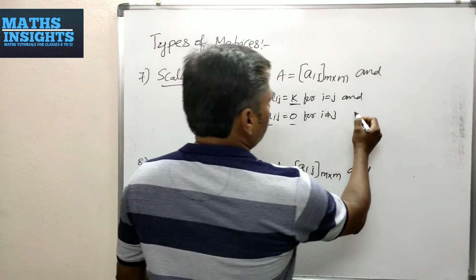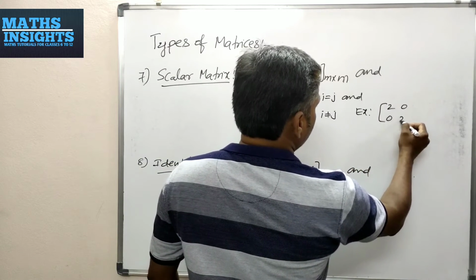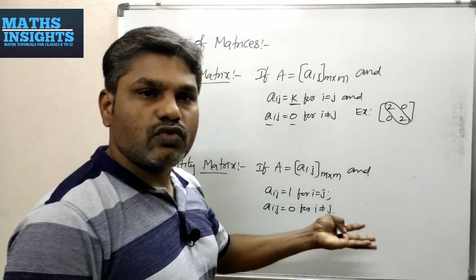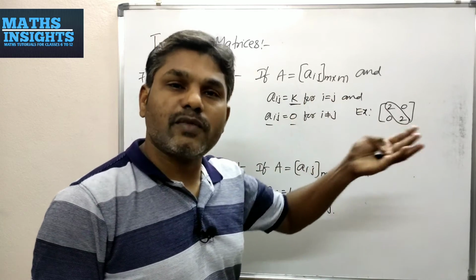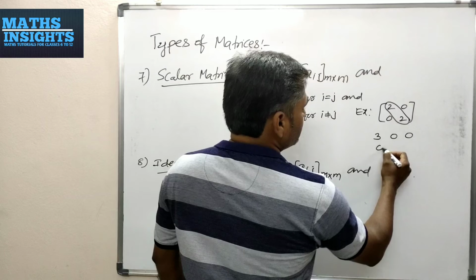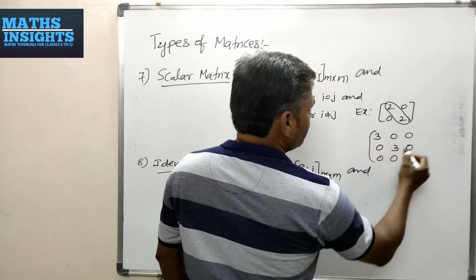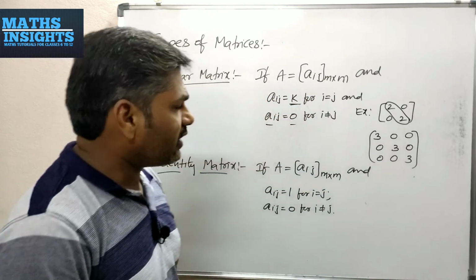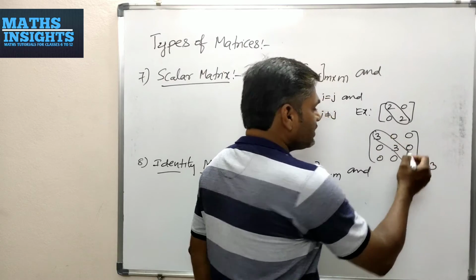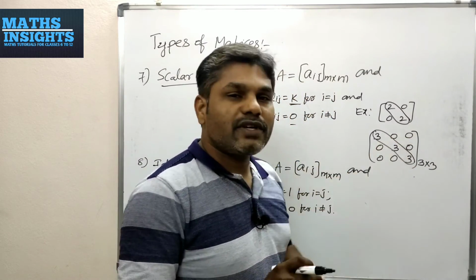For example, if you take a 2 by 2, then this is 2 0 0 2. So these are the elements in the principal diagonal which are equal to 2, that means a particular same constant. If you take a 3 by 3, 3 0 0, 0 3 0, 0 0 3, then this is said to be a scalar matrix of order 3 by 3, since the elements in the principal diagonal are equal to 3 and the remaining elements are 0.